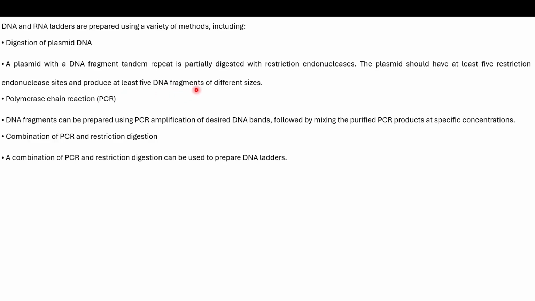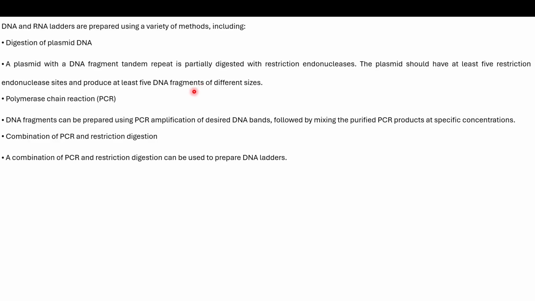Okay, then you will have different sized fragments. But that much fragment won't really be helping you, because we have to use that particular marker multiple times, for multiple runs, for different kinds of scenarios, for different kinds of experiments. So you should have enough amount of the marker present.